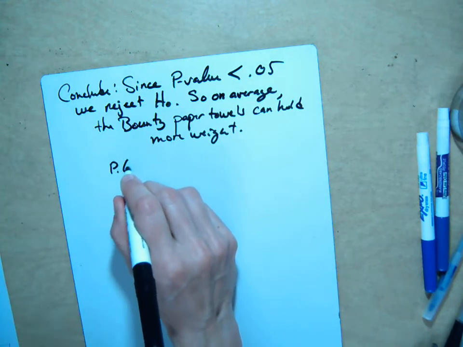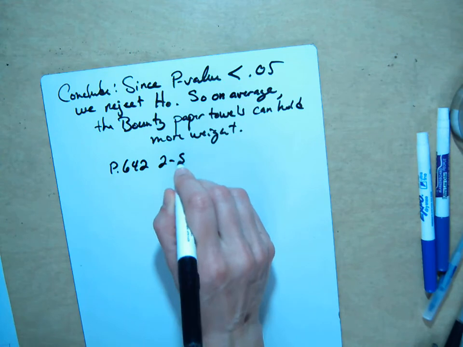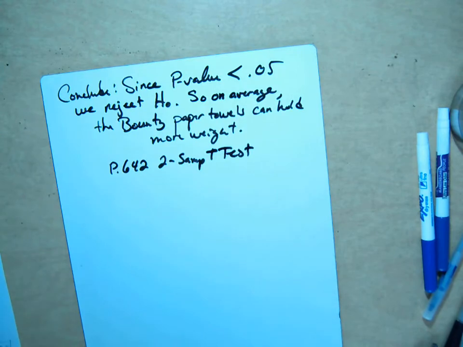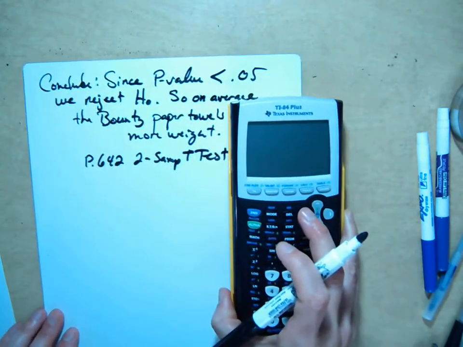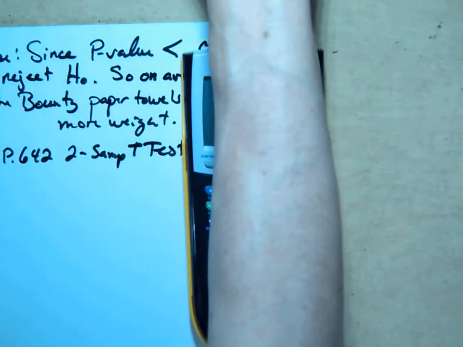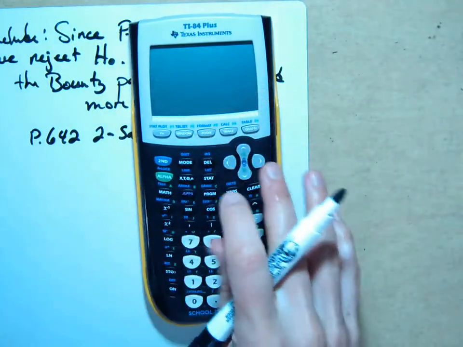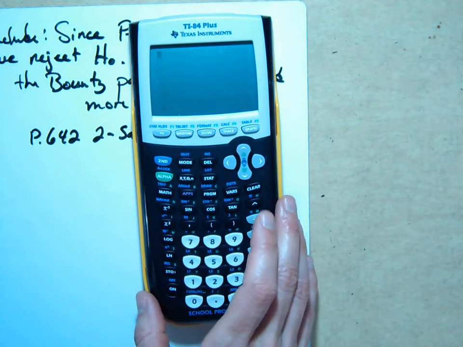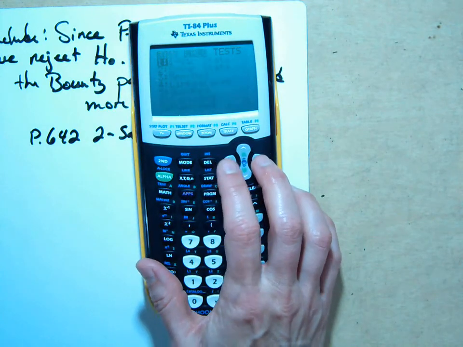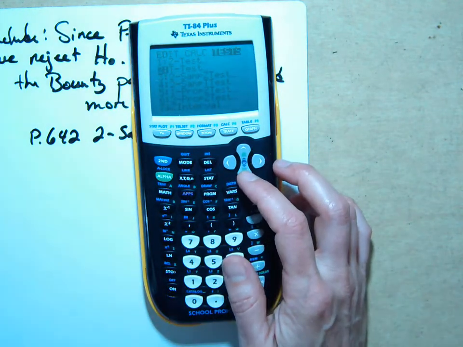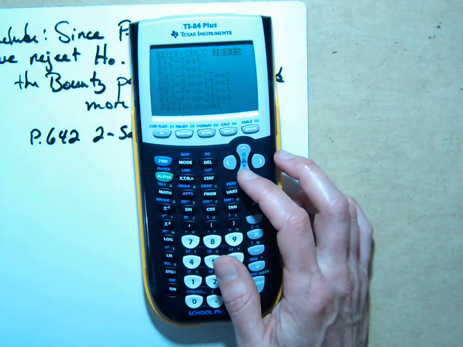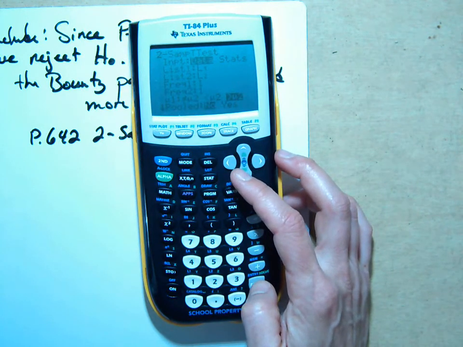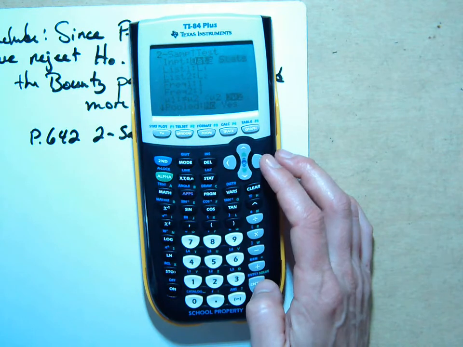And on the calculator, this is on page 642, we're going to use 2 sample t-test. First you would turn your calculator on, and then you would go to Stat, scroll over to Tests, and go down to 2 sample t-test, which is number 4 in the list. Hit Enter, and I'm not going to use the data, I'm going to use stats this time.